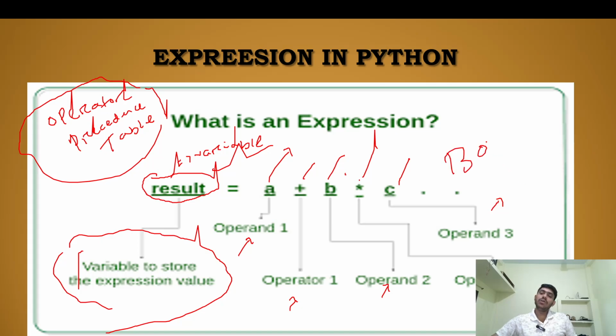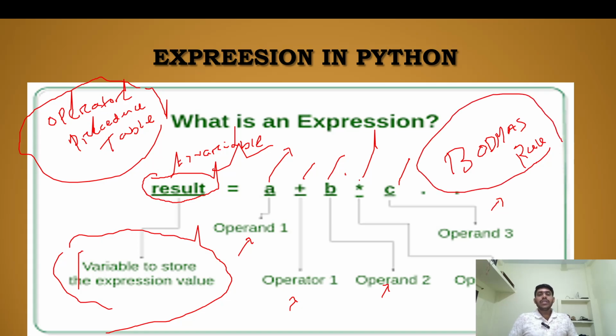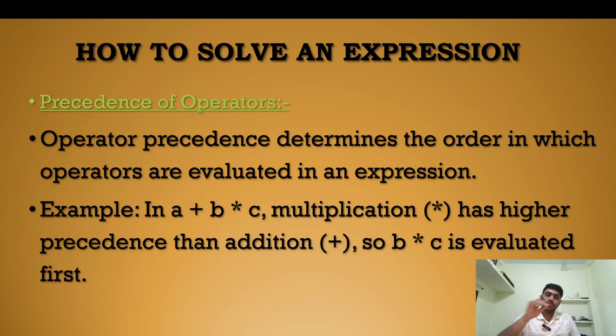In the same way, while solving an expression in a programming language, specifically Python, we have to follow one rule, called the operator precedence table. By looking at the operator precedence table from the highest order to the lowest order, we can solve the expression. So let's see what the operator precedence table is and how to solve an expression.